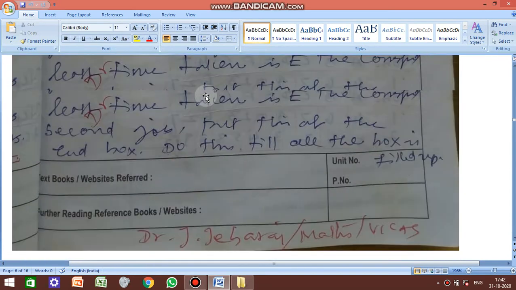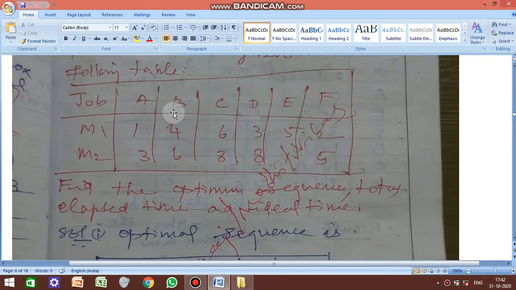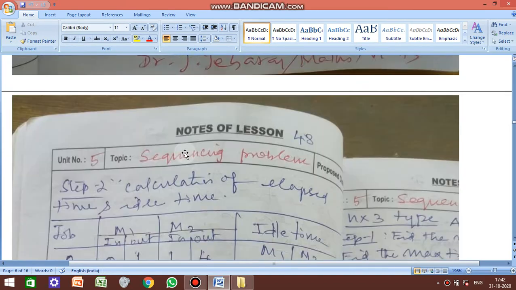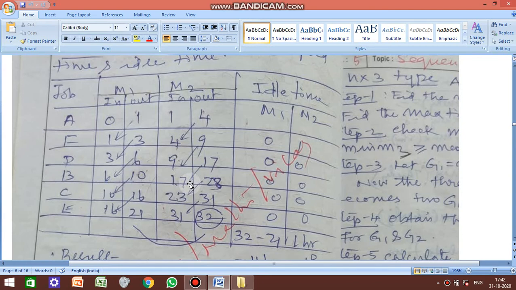B under M2 takes 6 units. So we have to add 6 units with this 17. 17 plus 6 is 23. So 23 comes here. Right, this out time becomes the in time, the 23.